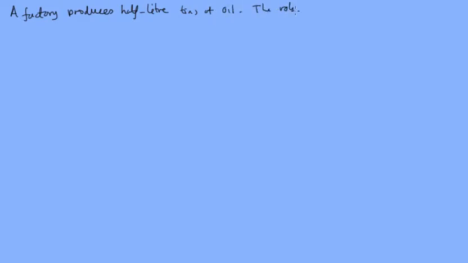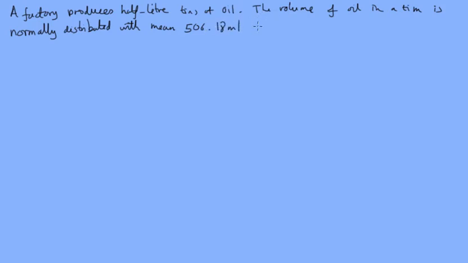The volume of oil in a tin is normally distributed with mean 506.18 mils and standard deviation of 2.96 mils.